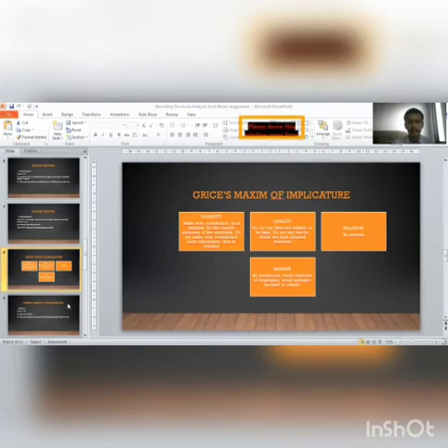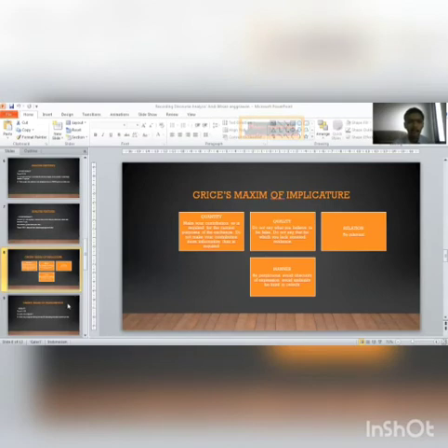And be orderly: provide information in an order that makes sense and makes it easy for your recipient.